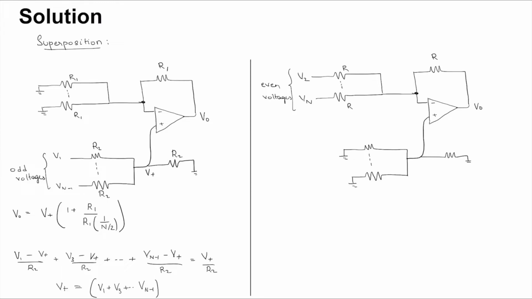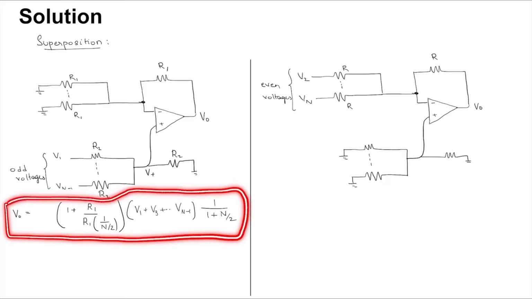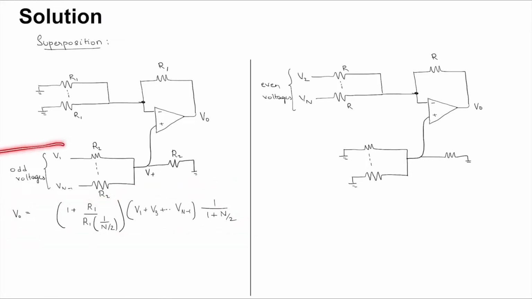times 1 by 1 plus n by 2. Thus, this is the expression you will get for the Vout voltage in this part of the superposition.